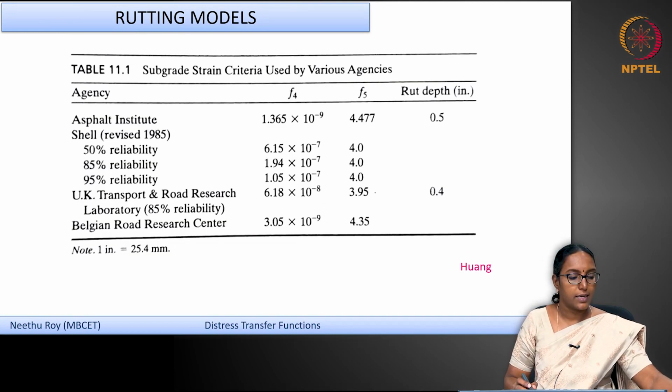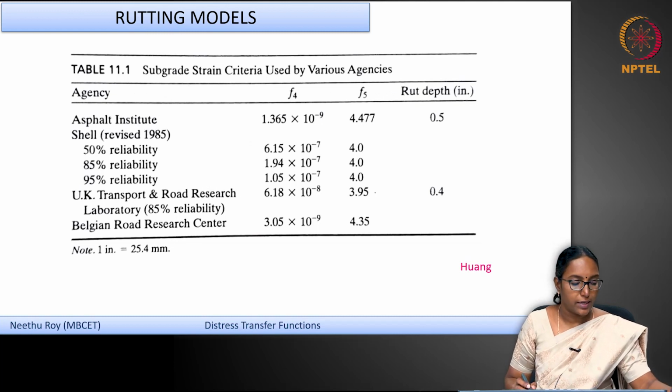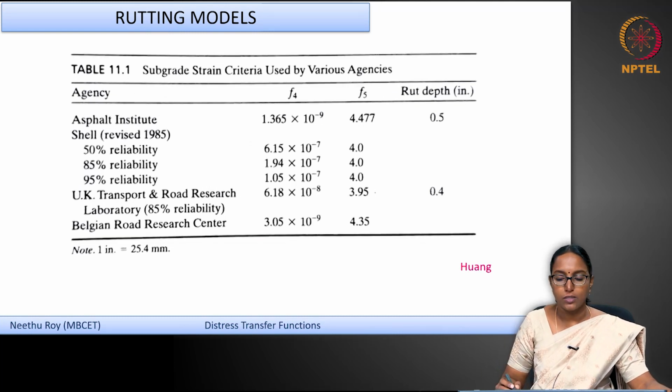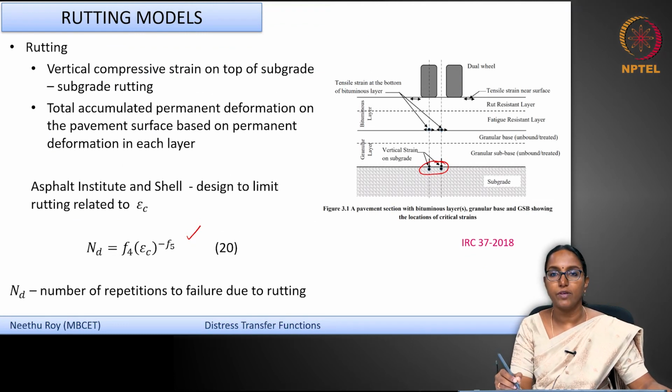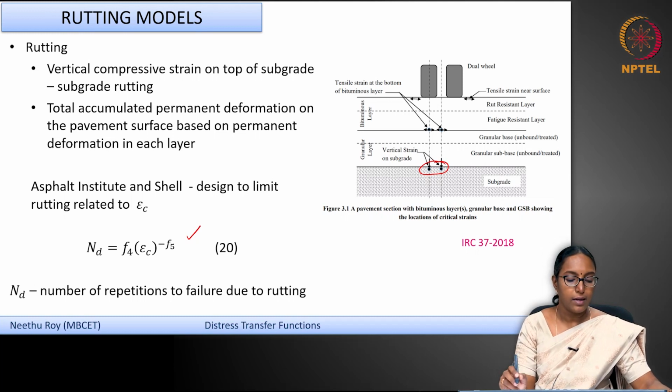Now, various studies have tried to correlate the pavement surface rutting with this epsilon_C, that is the critical strain that we observe on the top of the subgrade while doing a layered elastic analysis, and then the factors F4 and F5 have been estimated.